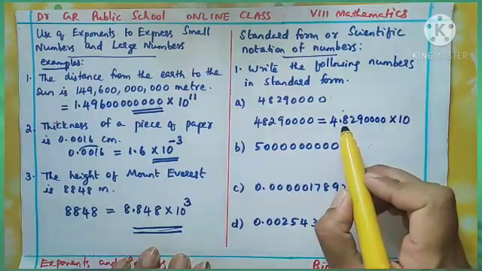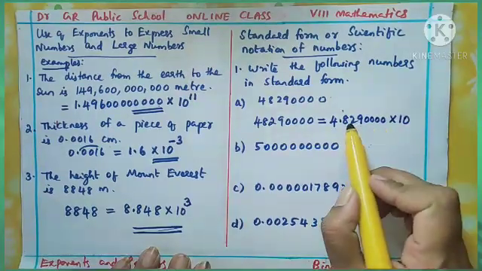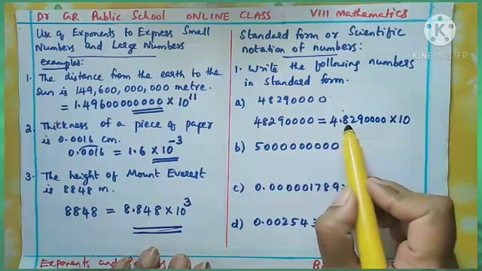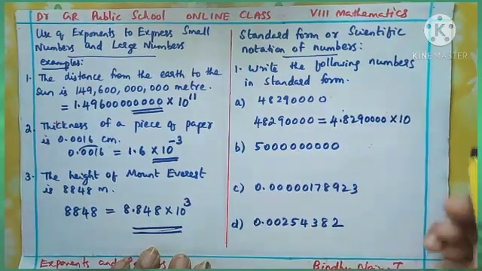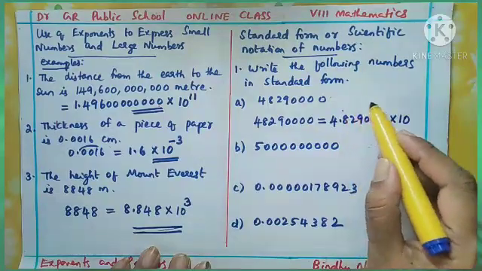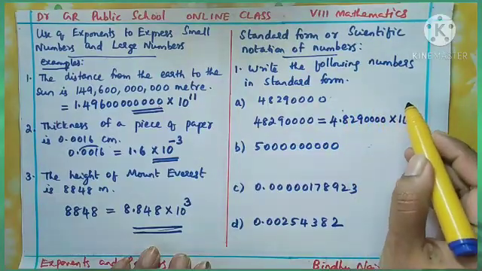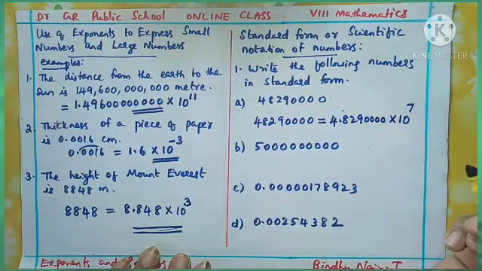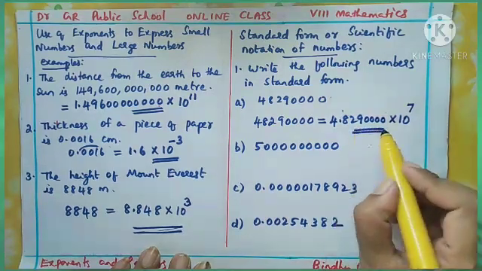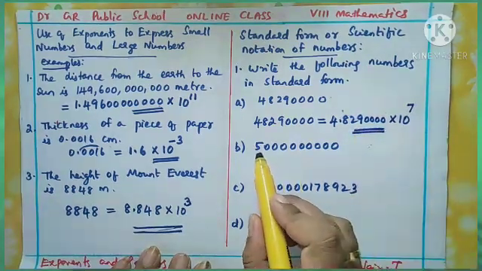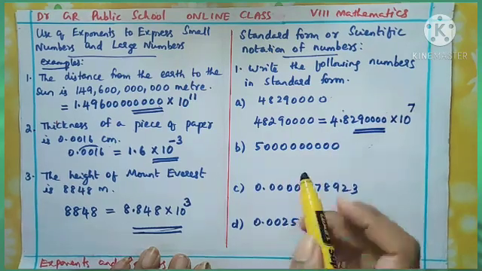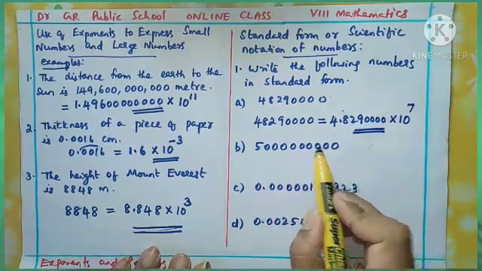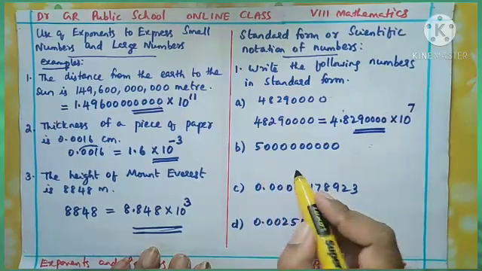How many numbers are there after we put the decimal? That is 1, 2, 3, 4, 5, 6, 7 numbers. Okay. So 7 numbers are after. So 10 to the power 7. Understand? Okay. Now the next question, 5 and 9 zeros. So 9 zeros after we are placing the point here.